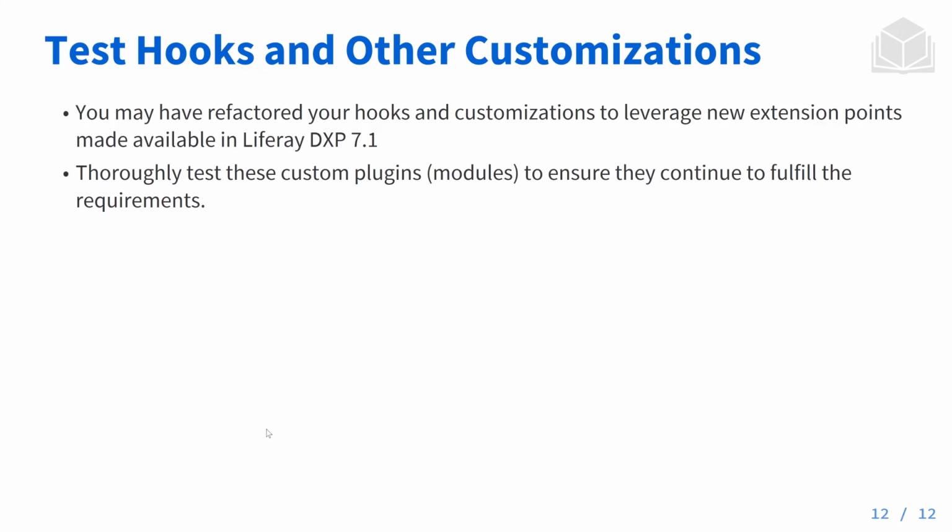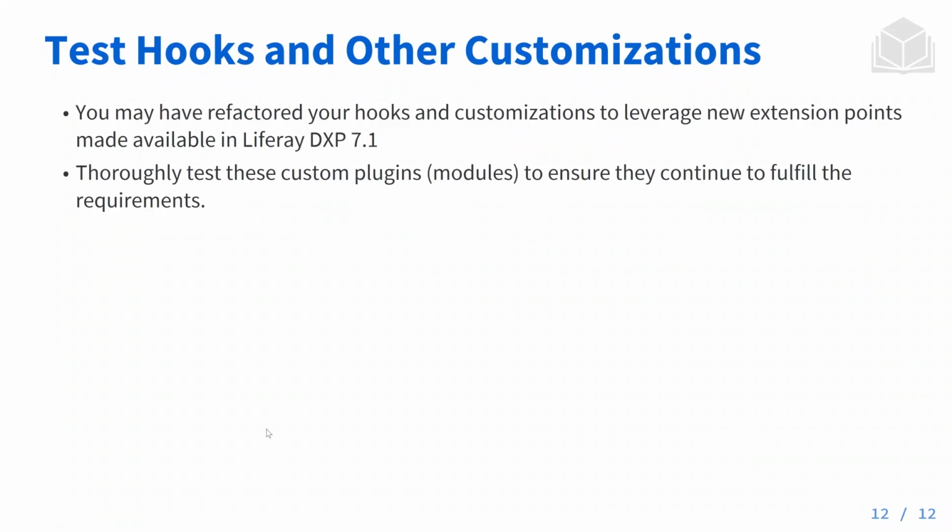Hooks, EXT plugins, kind of everything else. Hooks are expressed differently in Liferay DXP 7.0 and 7.1. Back in the day, we just had a hook plugin and it just did a bunch of stuff for us. Now hooks are implemented differently than before, so there's a kind of translation that we've had to go through.